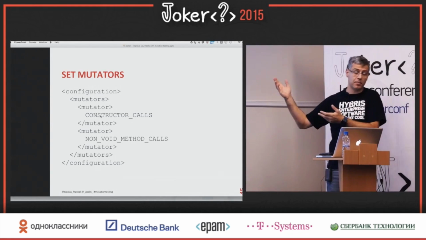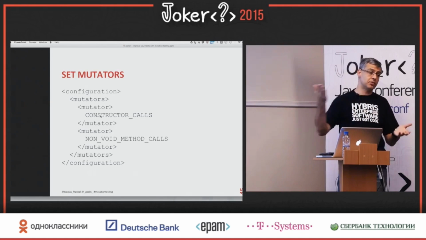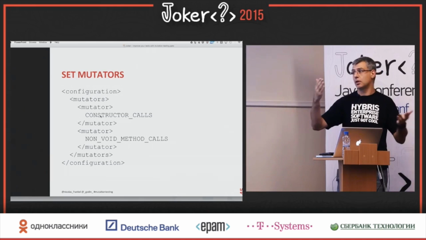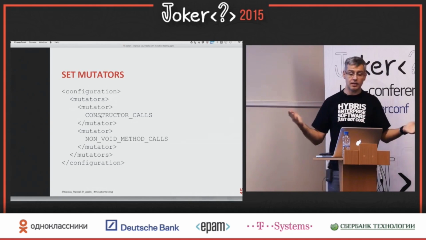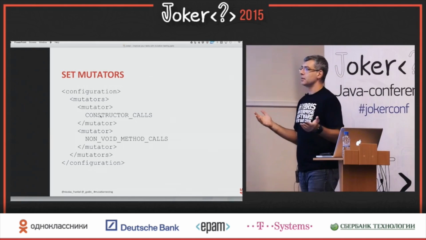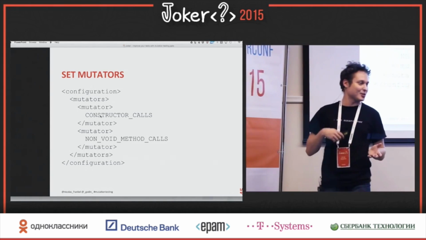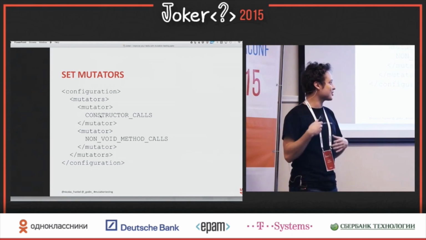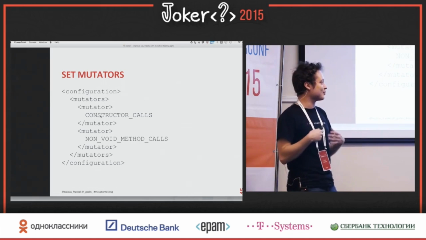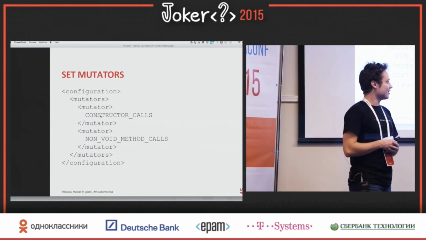You can just apply them, and then run your tests again. Of course, since you reduce the number of mutators, you reduce the number of mutations and the number of executed tests, and it goes much faster. I'm expecting a question here, in the form of: yeah, but then you are actually reducing the quality of mutation testing because you start missing cases. Yeah, but blah, blah, blah. We'll wait a little till the end of the talk. Okay.